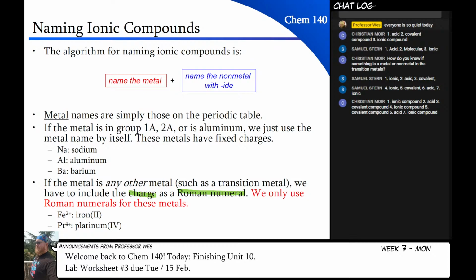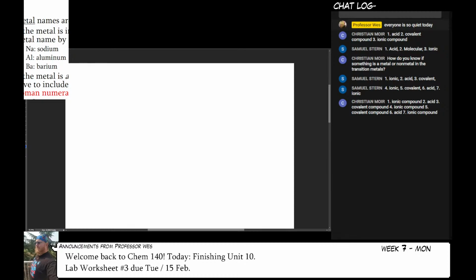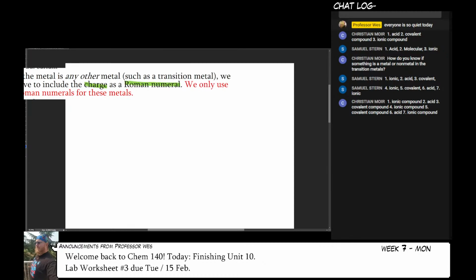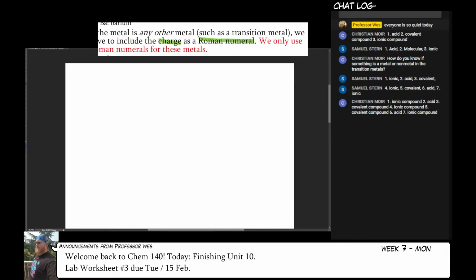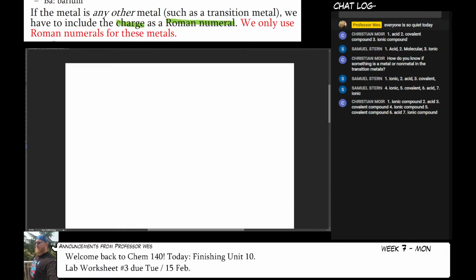Now, in case you don't know the Roman numerals from 1 to 10, I'm going to write them out on the screen for you. I just need to switch over to this so you can see that. All right, so we're going to write out the Roman numerals here.